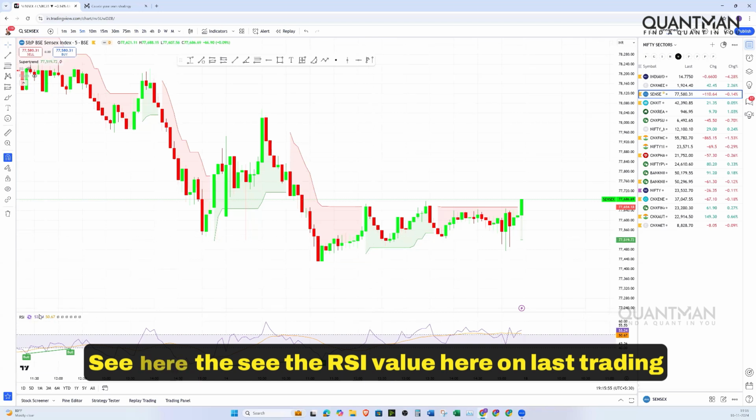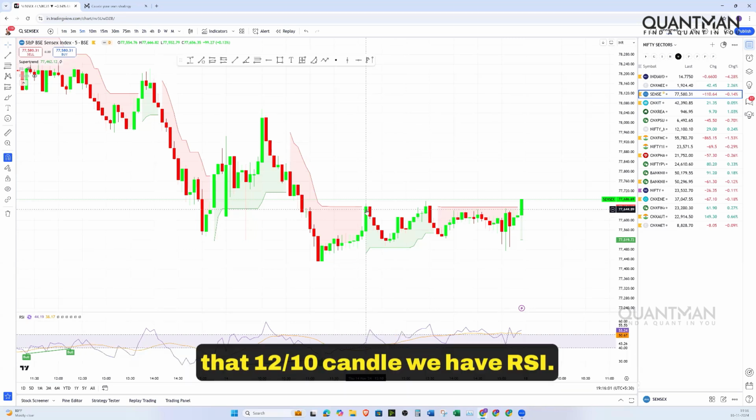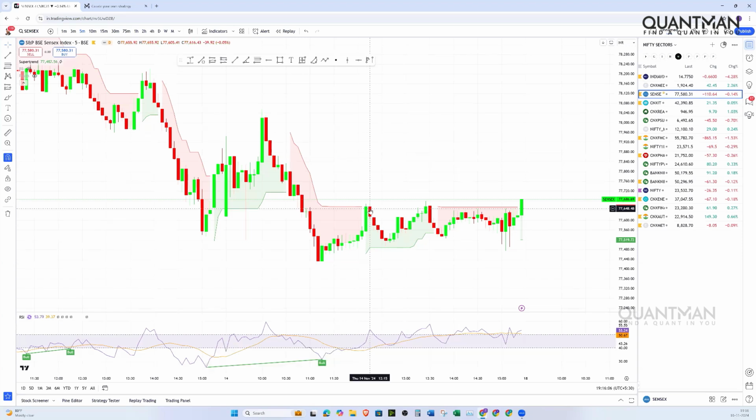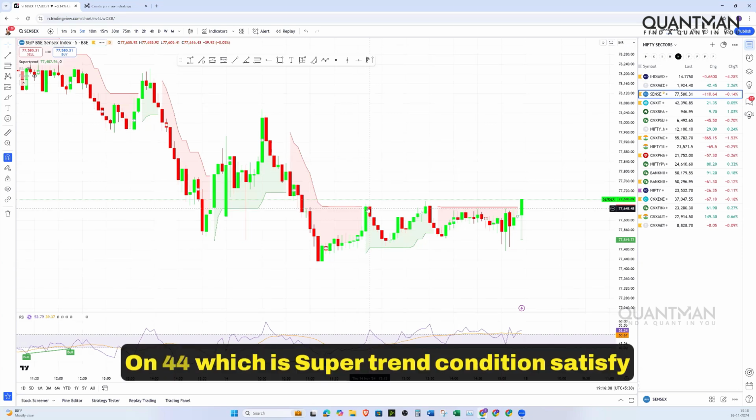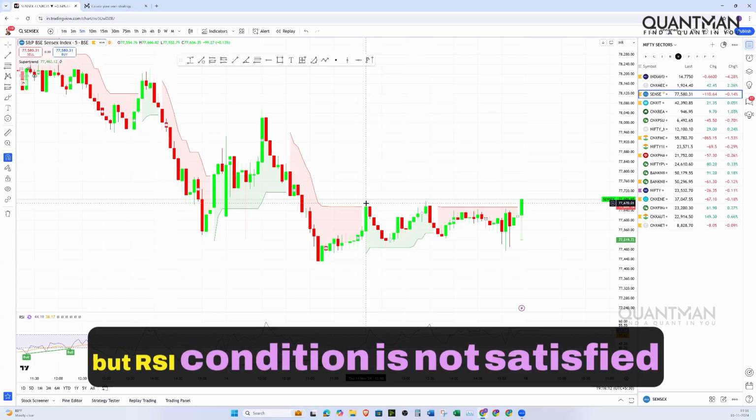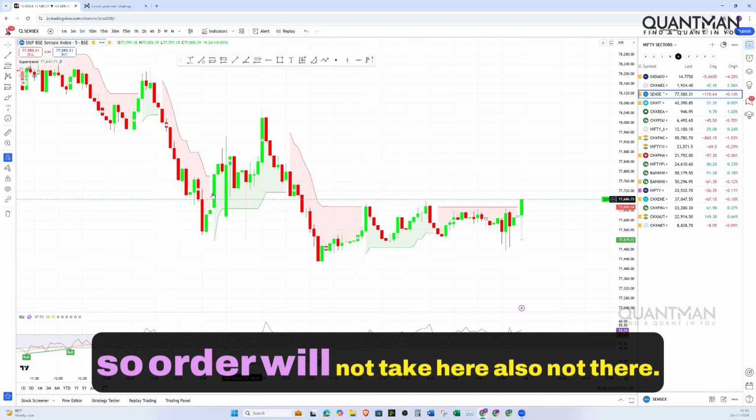See the RSI value here. On the last trading day, the 12:10 candle has RSI at 44, so the super trend condition is satisfied but the RSI condition is not satisfied, so the order will not be taken.